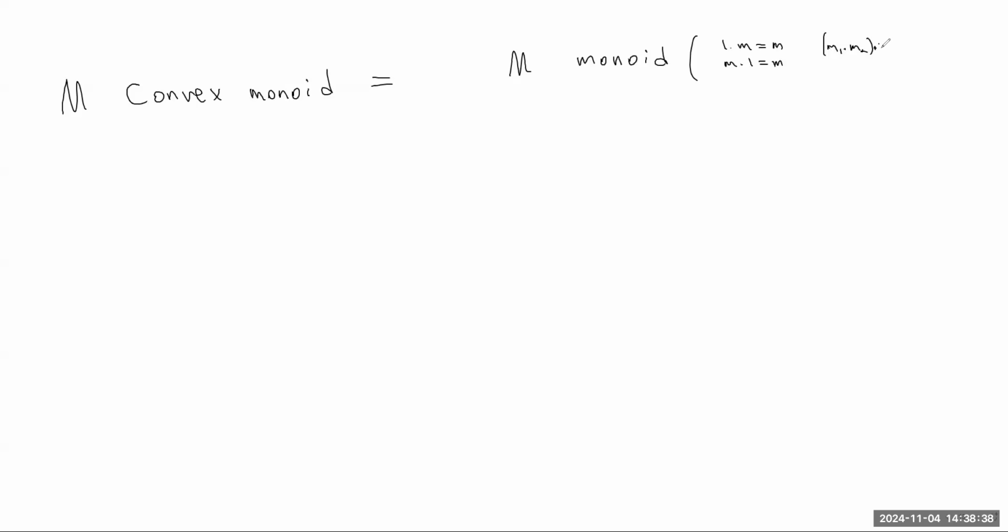There is a product, the product is associative, and there is a unit. So this is what it means to be a monoid. It's less than a group. And the other thing is that M is also a convex set.